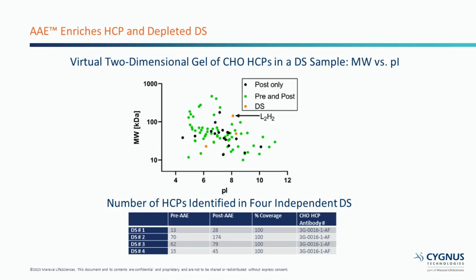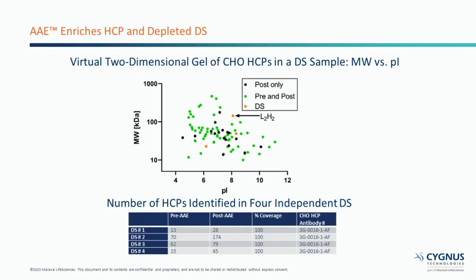Here we demonstrate this approach with 4 independent drug substances from 4 different client projects. In the top panel, we show a virtual 2D gel of HCPs in a monoclonal antibody drug substance, and the DS proteins are shown in orange, and the matching HCPs are shown in green, and the AAE enriched HCPs are shown in black.